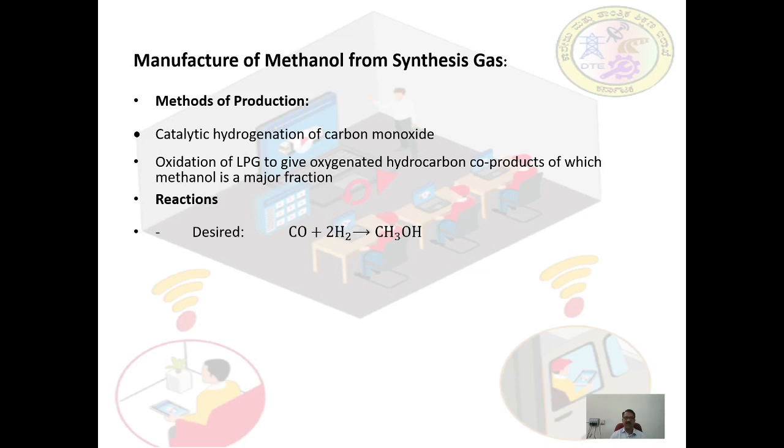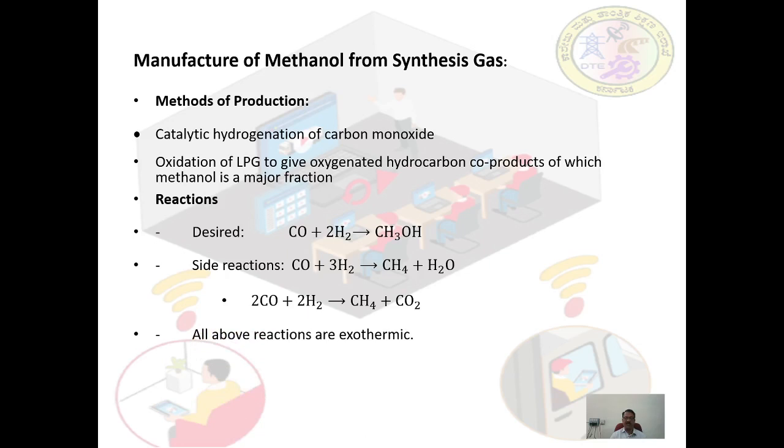Because of variation in the reaction conditions, there is a chance of formation of side reactions, that is, carbon monoxide and hydrogen react and produce methane and water, and also carbon monoxide and hydrogen react to give methane and carbon dioxide.